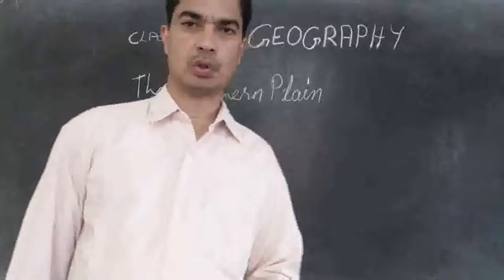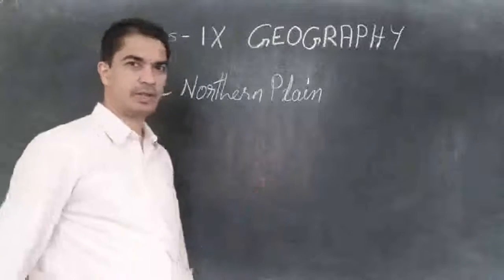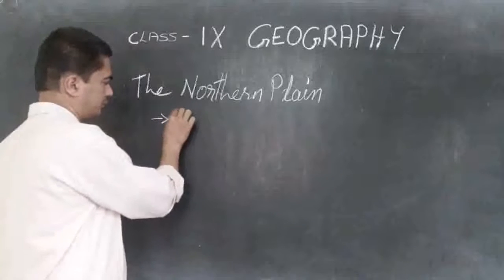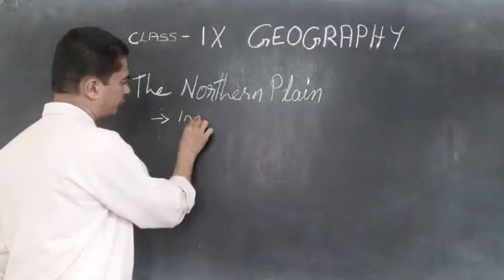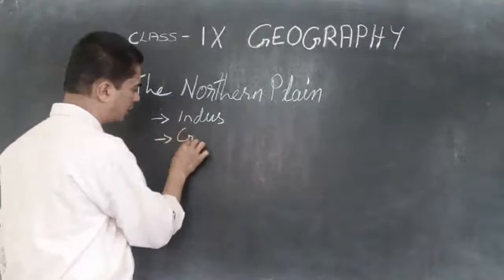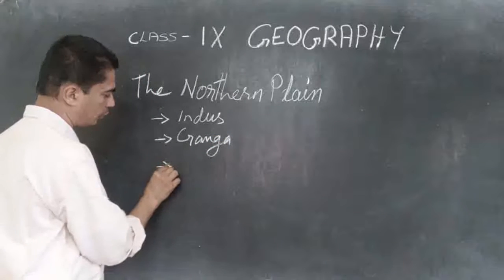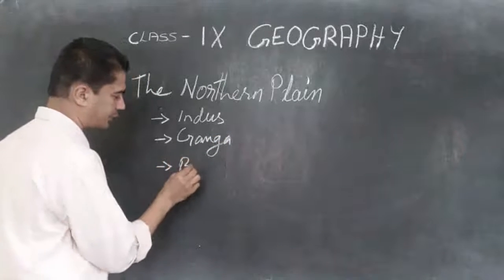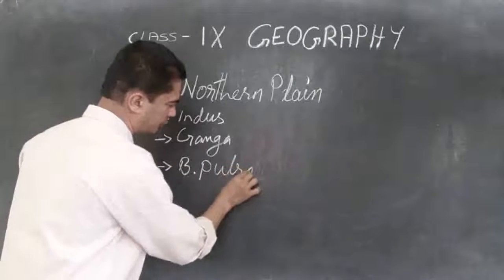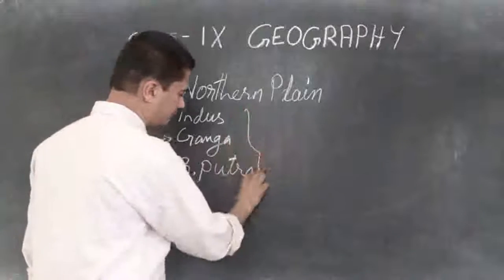So the main cause of creating this northern plain: three rivers are responsible, Indus, Ganga, then Brahmaputra. We'll write the short form B'putra, and together with their tributaries.